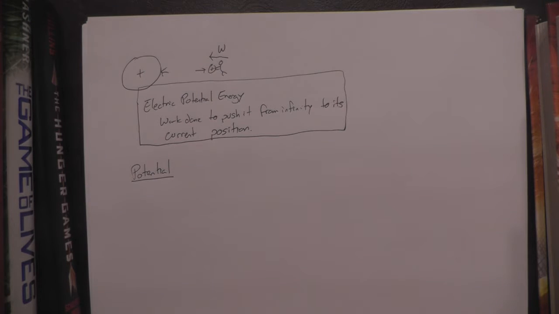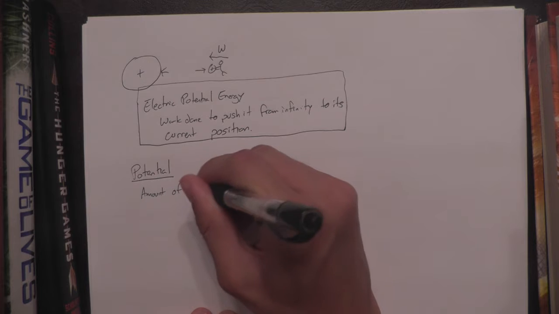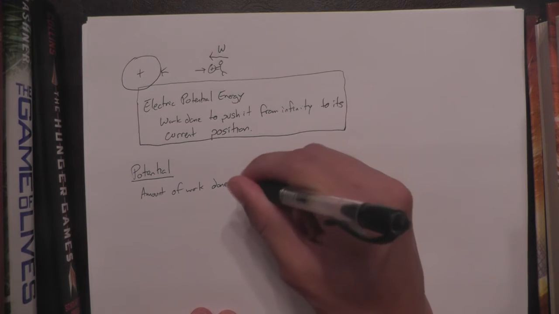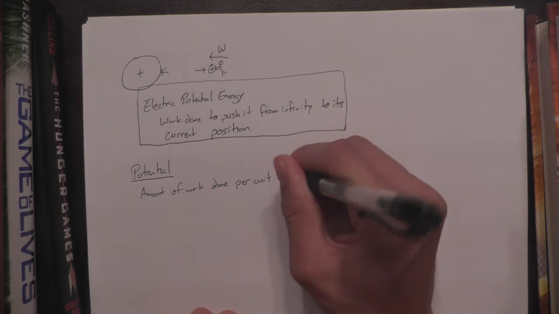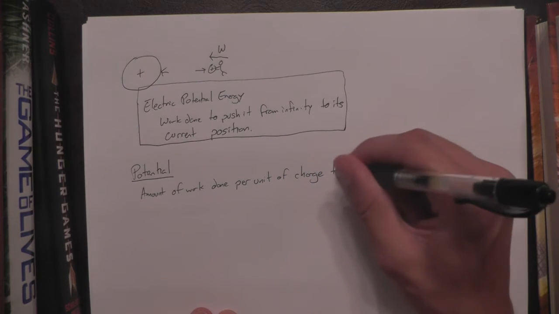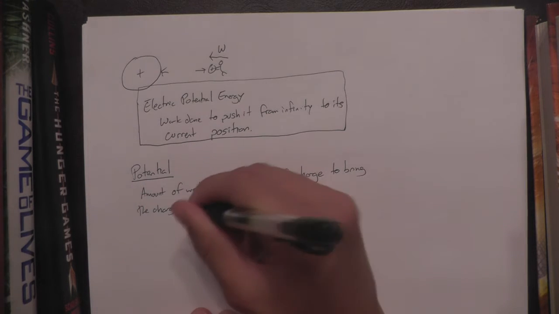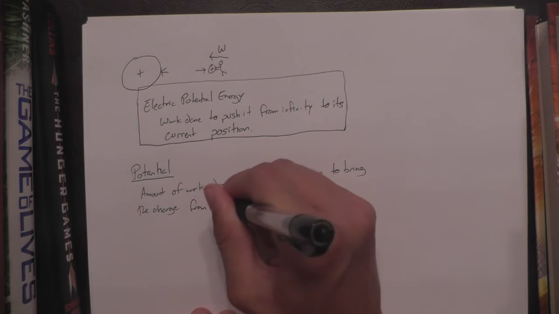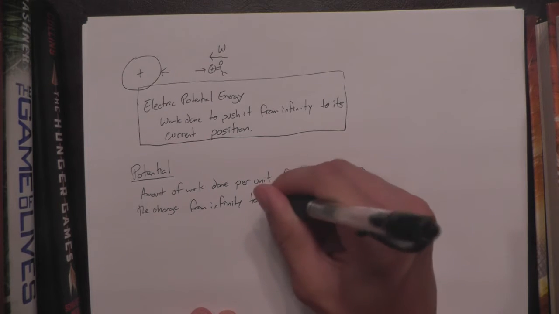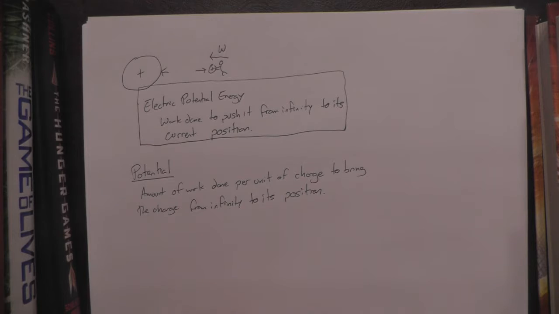Now, the electric potential is the amount of work done per unit of charge to bring the charge from infinity to its position. Right?